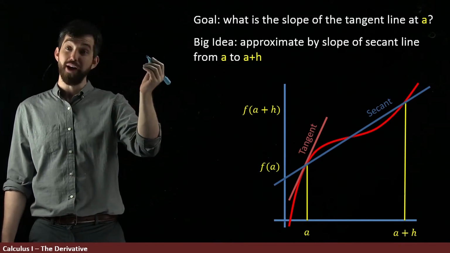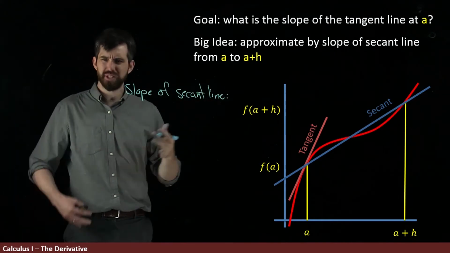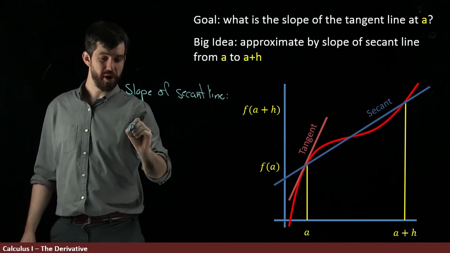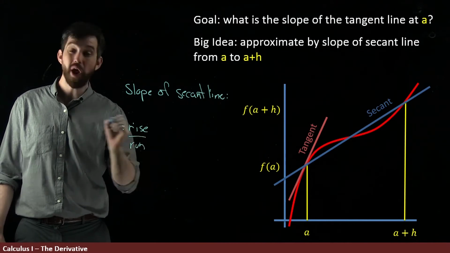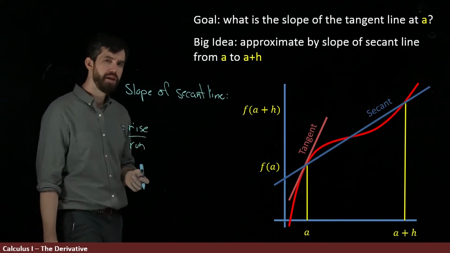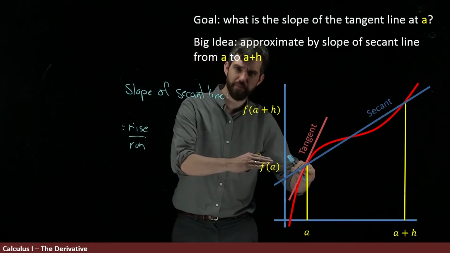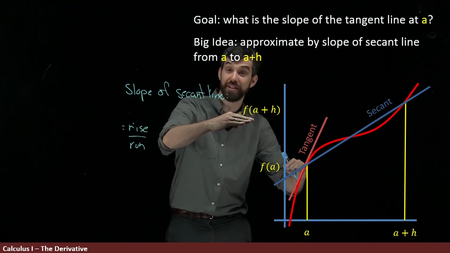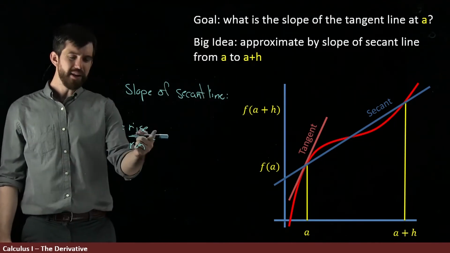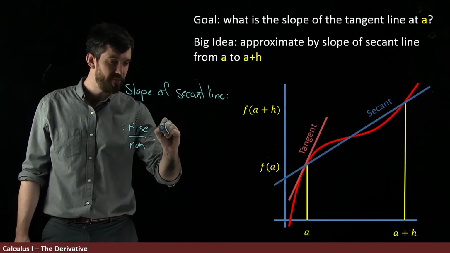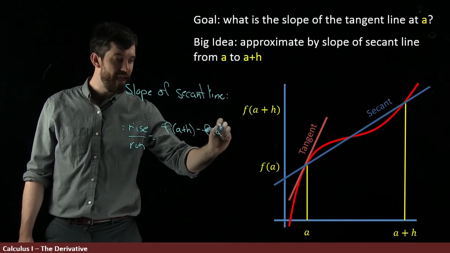I want to figure out the slope of my secant line. Well, the slope of any line is some rise divided by some run. So I've got to figure out what the rise and what the run is. Now, in my graph, at the bottom it's f of A, and then I'm raising it up to f of A plus H. So my rise here is this difference: f of A plus H minus f of A. So that's my rise.